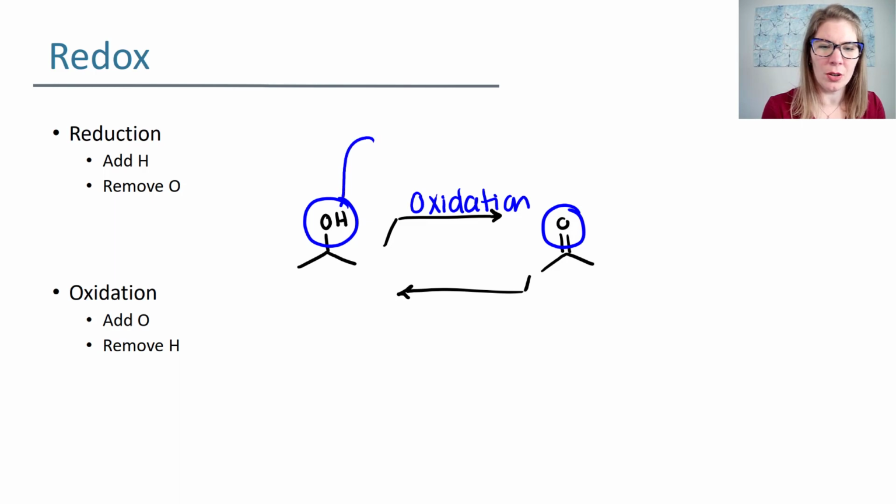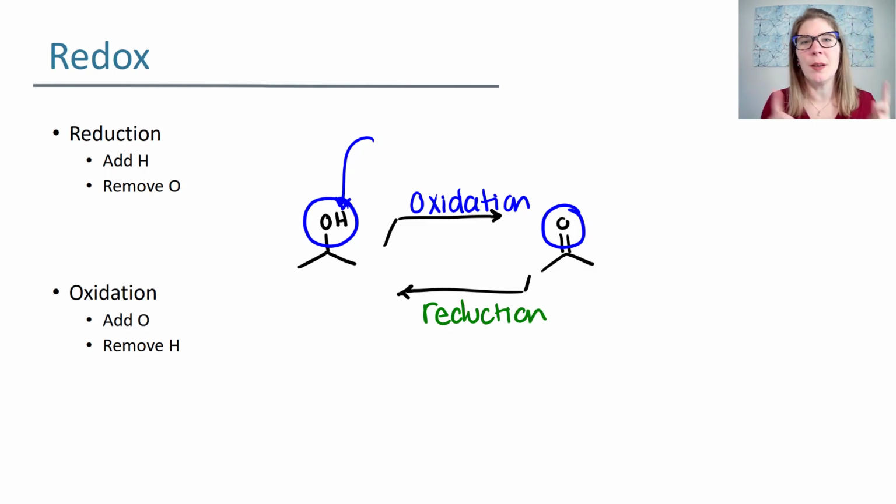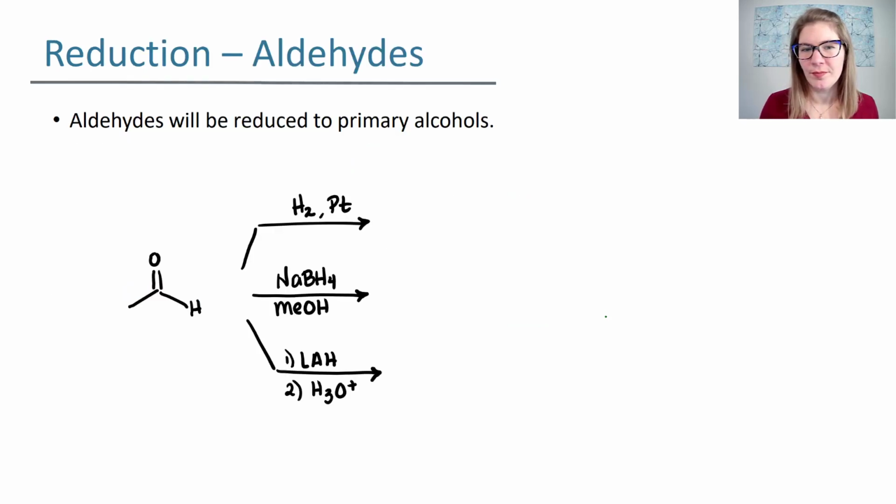Notice how I also lost a hydrogen during that process. Whereas if I'm going the other direction, a ketone to an alcohol would be an example of reduction, because I'm losing a bond to oxygen and I'm adding a hydrogen during that process. So we're going to keep that as our definitions for reduction and oxidation as we move forward.